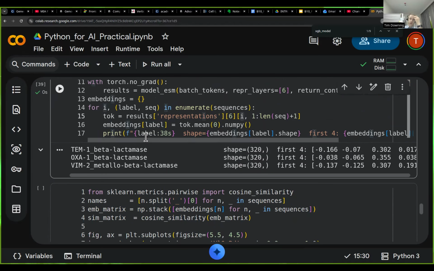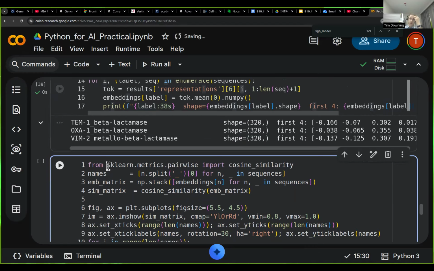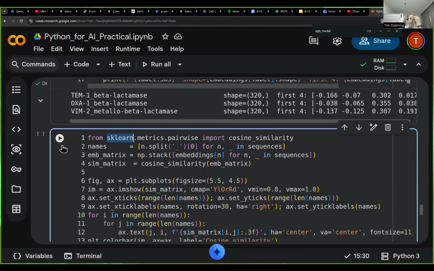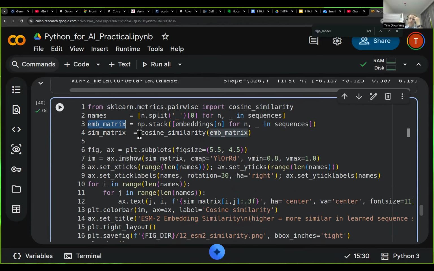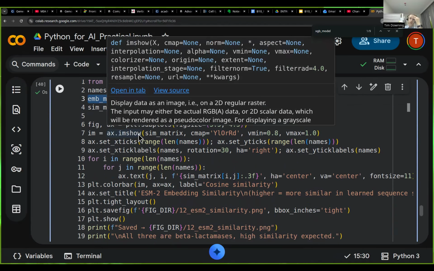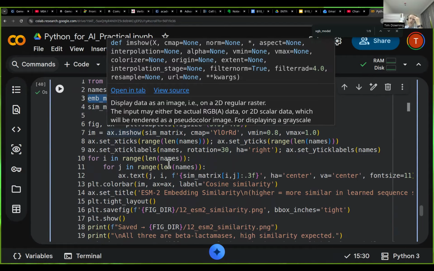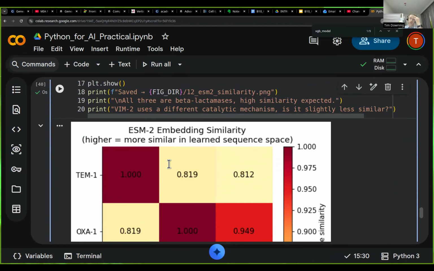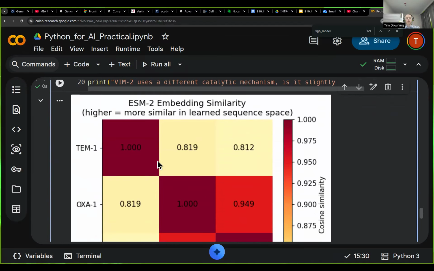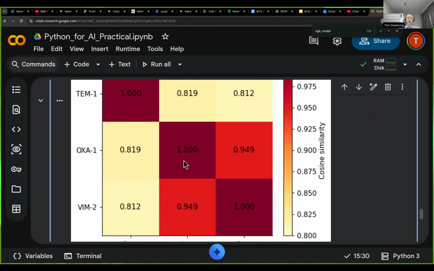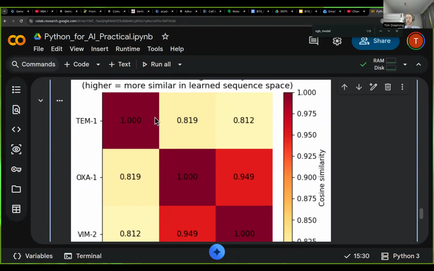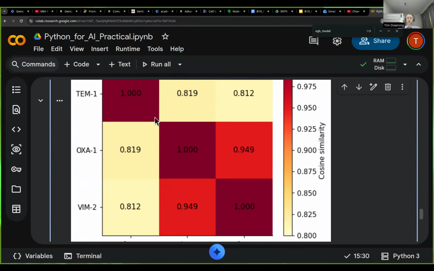So now they're extracted, and now we can use the package sklearn to look at the embeddings to infer their similarity based on plots. And what we can see is that TEM1 and OXA1 show some differences, and BIM2 and OXA1 are more similar to each other. That's kind of what we see here in terms of their structural similarity. And what you see is they're quite high matches for each other, despite the divergent amino acid sequences.